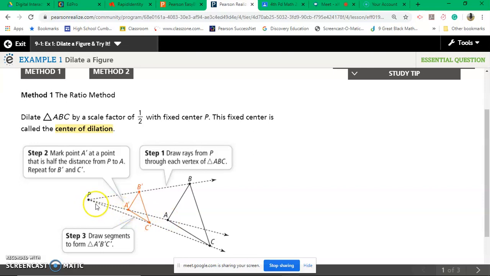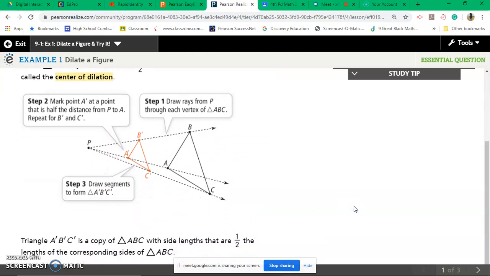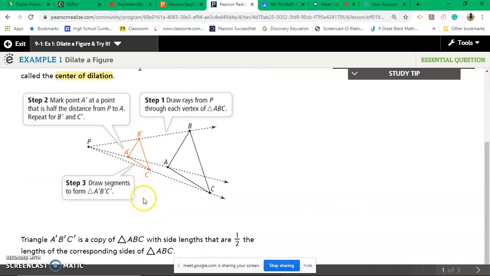And it looks like it's right in the middle between P and A. And then they did the same for B and C. B prime is halfway between P and B. C prime is halfway between P and C. So that's the ratio method. And if you look at the side lengths too, the side lengths of the image are half the length of the pre-image.